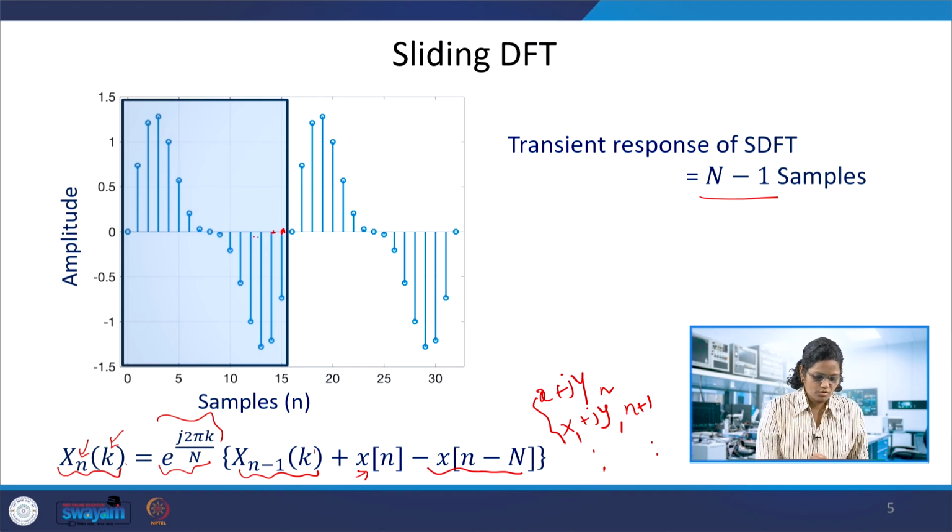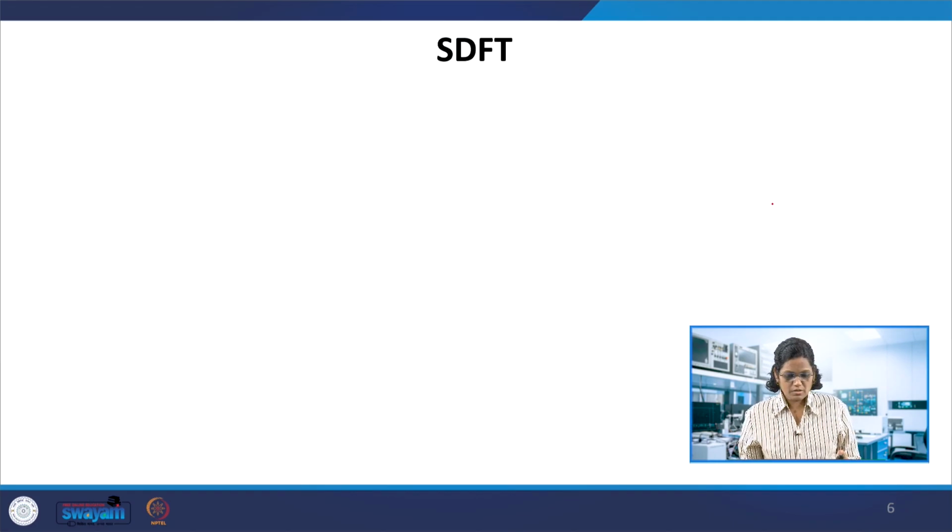Up to this point, what the DFT computes depends on the garbage, the values which were initially there. Once I get these points, I start getting the instantaneous values. So you have to wait one cycle to get the correct output of the fundamental or second harmonic which is required. So the transient response of this SDFT, looked at as a filter or system in the discrete domain, is N minus 1 samples.